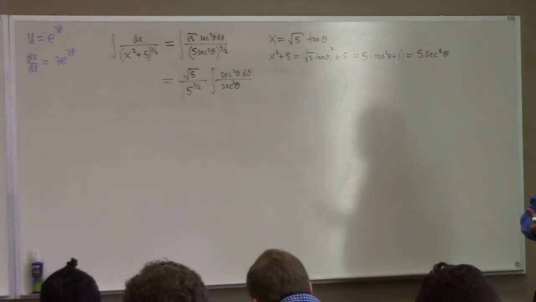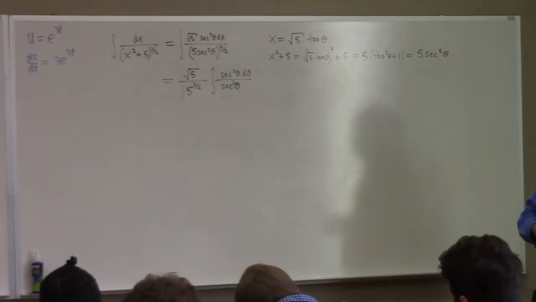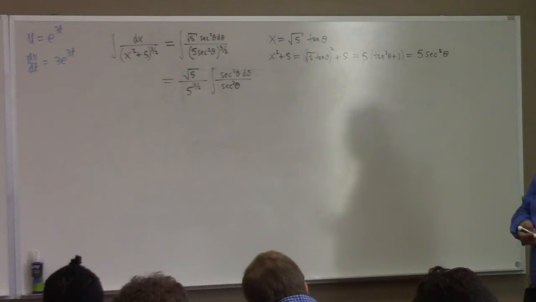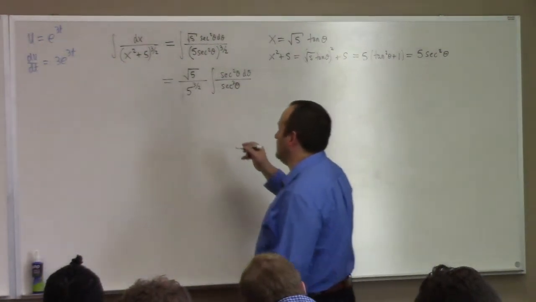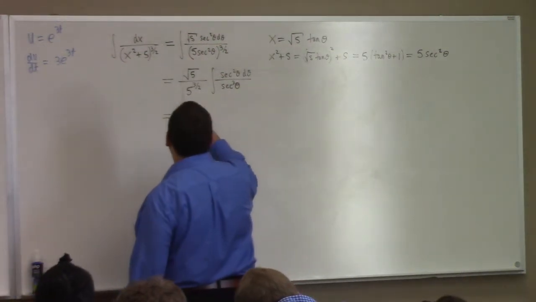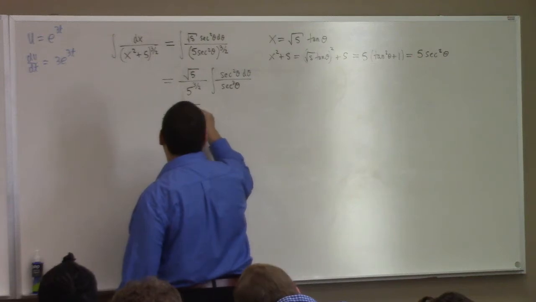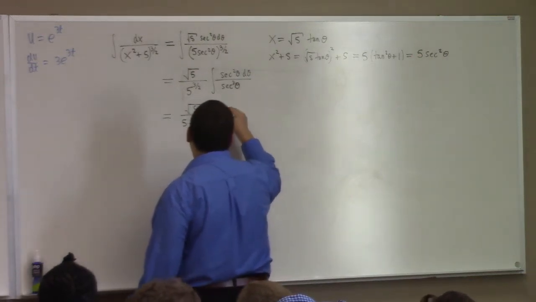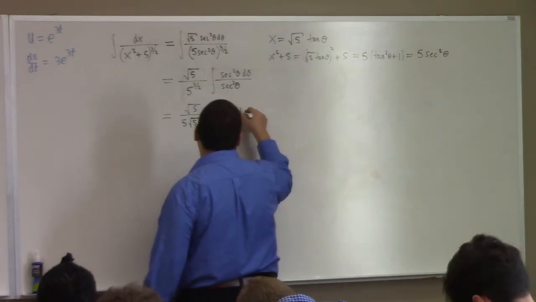Which kind of sounds bad because secant's really complicated, right? So the integral of 1 over something that's really complicated seems like it should be bad. But this is not bad, because 1 over secant is cosine, right? So I'm looking at root 5. This guy is actually 5 root 5 integral of cosine theta d theta.